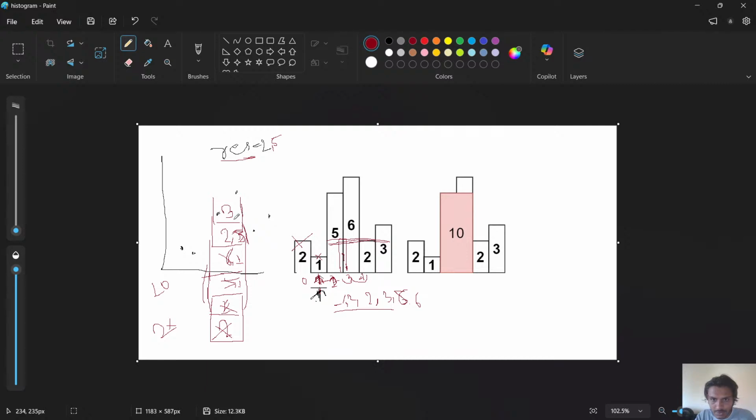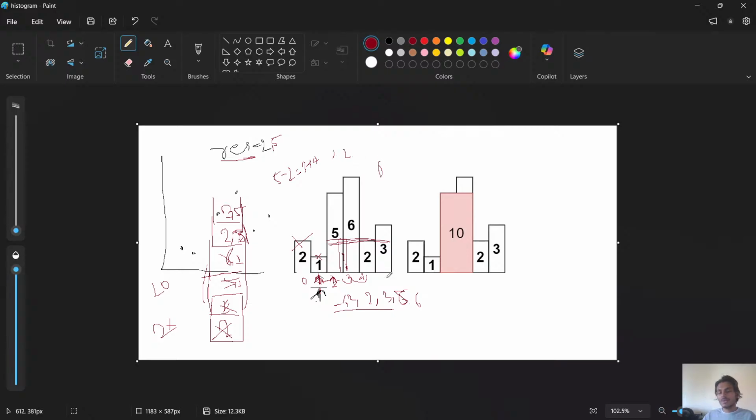The smallest one into that is 5 minus 2, that is 3 plus 1, that is 4. So 4 into 2, that is 8.